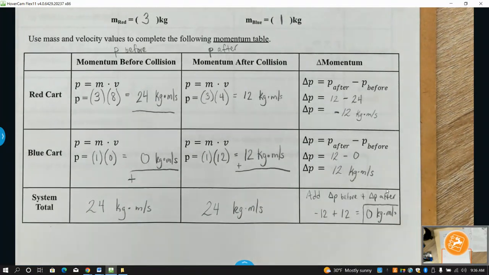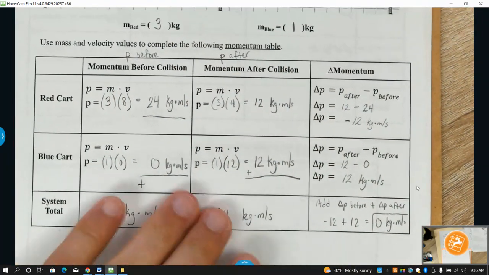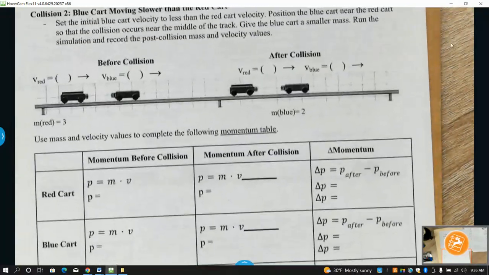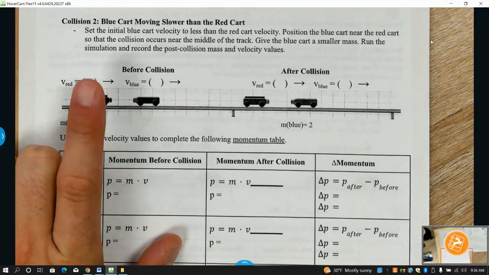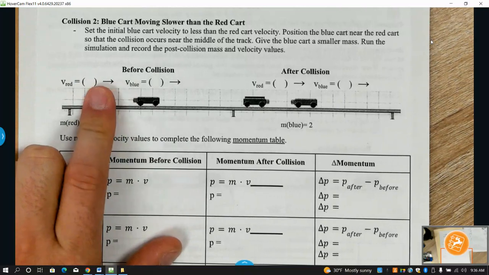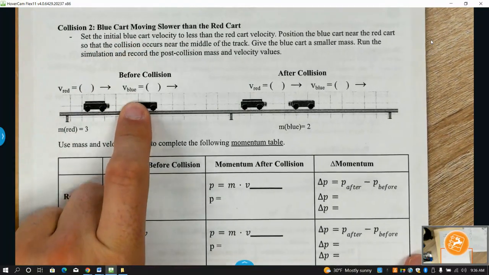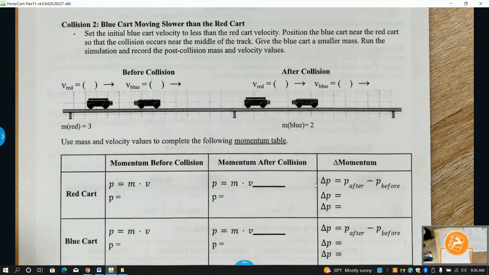Okay, so you guys will complete this table, but you're going to use your own values. The only other thing I want to mention here is, see the arrows. The velocities should both be positive. Don't make one of them negative. Make sure that the blue cart has a velocity less than the red so that the red can catch up.